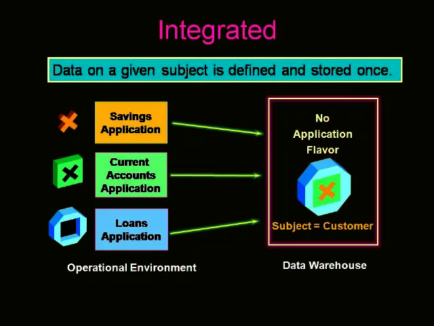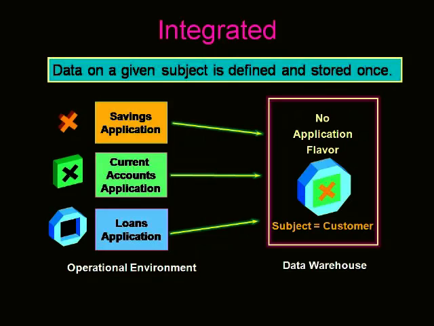But in the data warehouse, there is no application flavor. The only requirement is subject requirements. So the subject requirement is customer. So from the customer point of view, all are integrated. The data related to customer in savings application, current accounts application, loans application, everything is combined and then placed here.